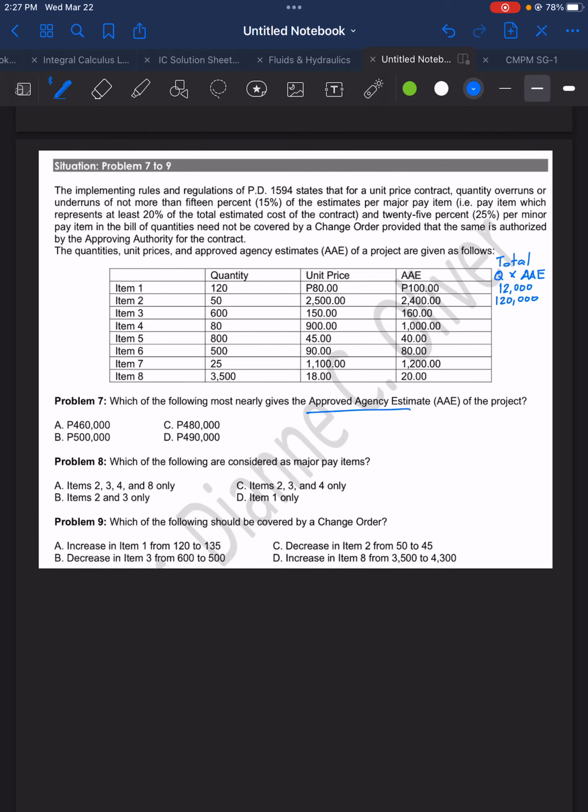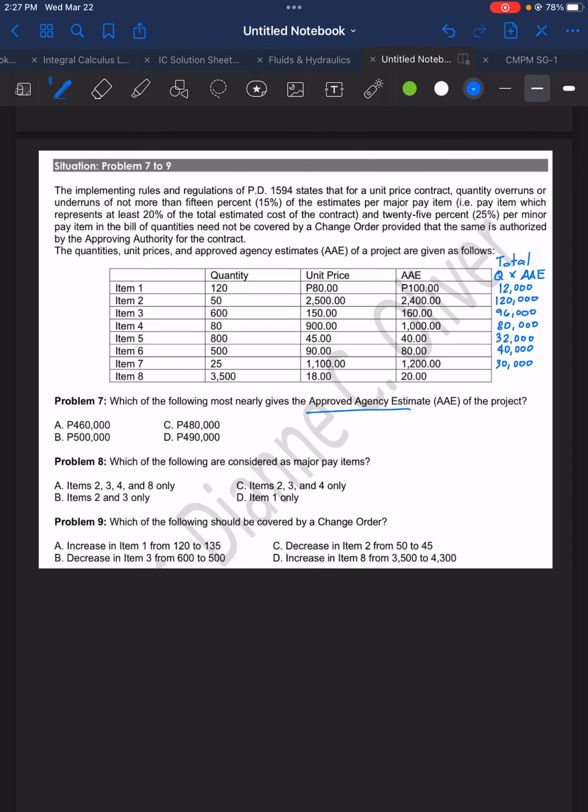600 times 160, that is 96,000. Then we have 80 times 1,000, that will be 80,000. And then we have 800 times 40, that is 32,000. And 500 times 80, that will be 40,000. Item 7, that is 25 times 1,200, that is 30,000.